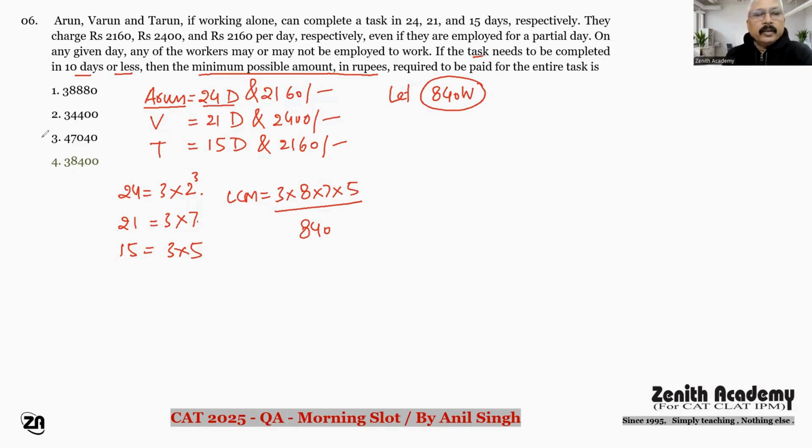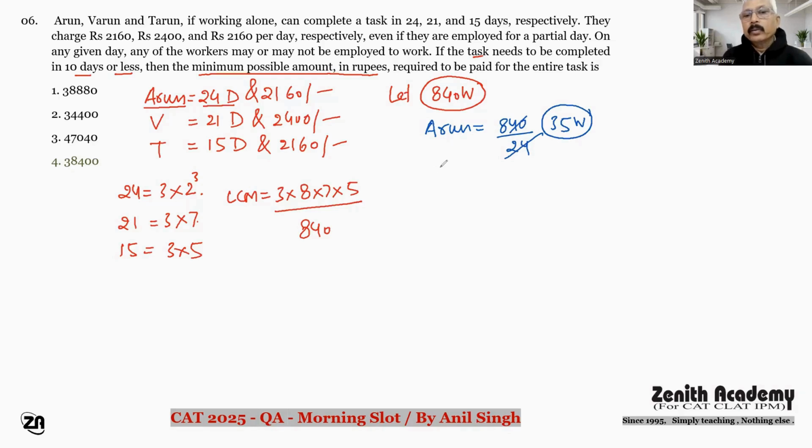It suggests that Arun finishes daily 840 by 24. So 8 3 24 means 35. Means Arun daily finishes 35 work.